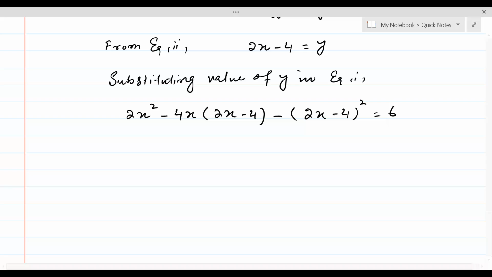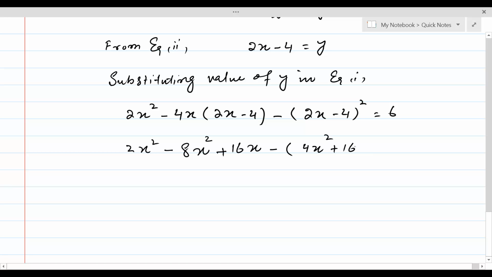So now let us open these squares and simplify the given equation. This is 2x square minus 8x square plus 16x, minus, and if we apply the formula, this will become 4x square plus 16 minus 16x, equal to 6.